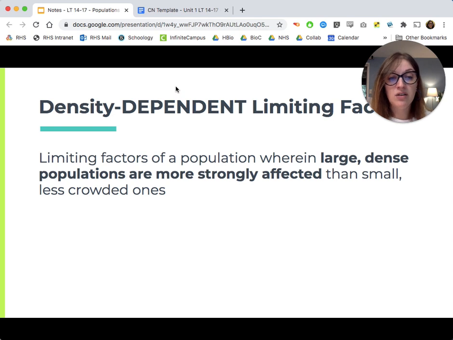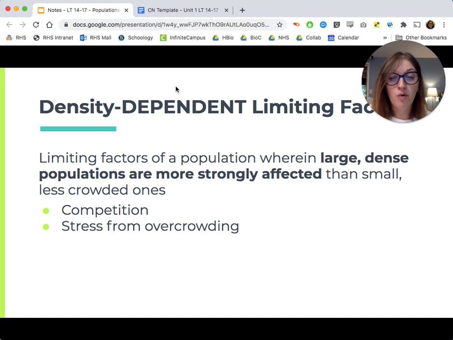These are limiting factors of a population wherein large, dense populations are more strongly affected than small, less crowded populations. This could be because these limiting factors include competition, stress from overcrowding, parasitism or interpersonal relationships, disease, and predation.